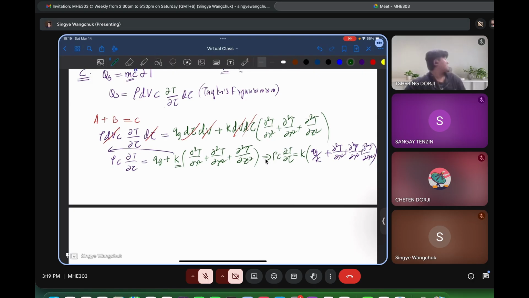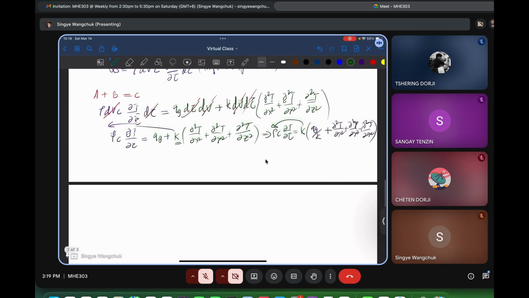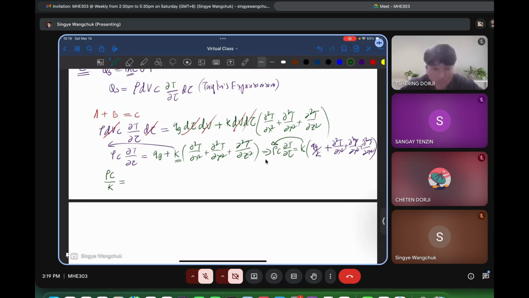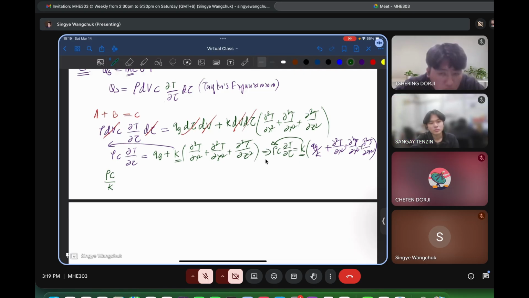Now you take this k here. You are saying rho c upon k, and you take this k and divide by it.